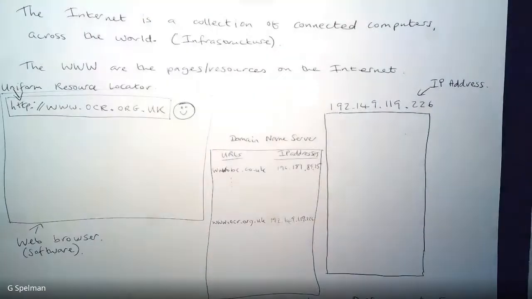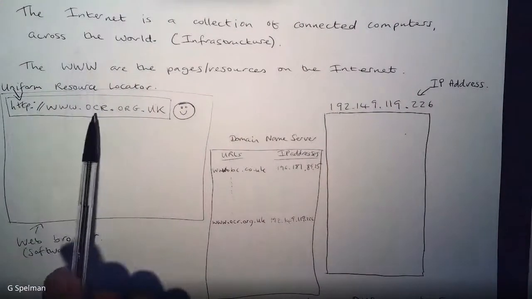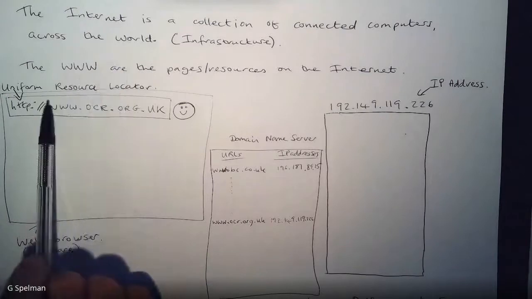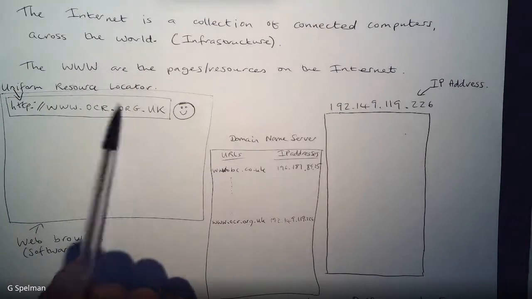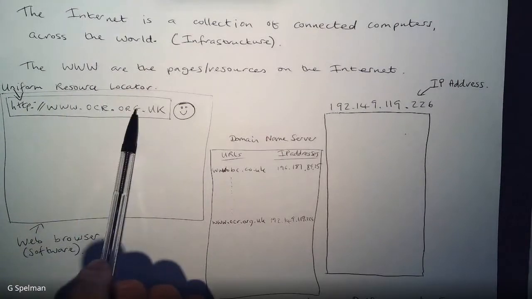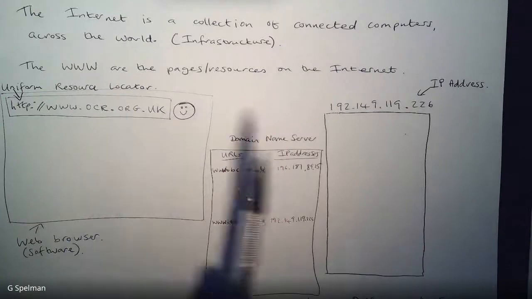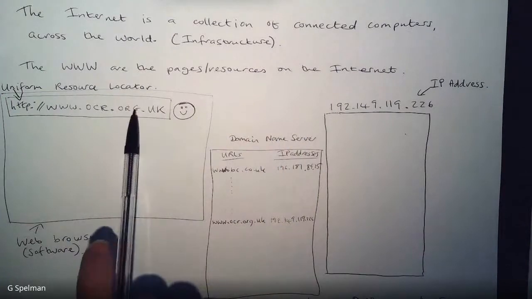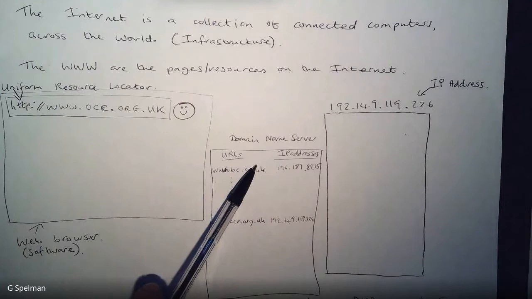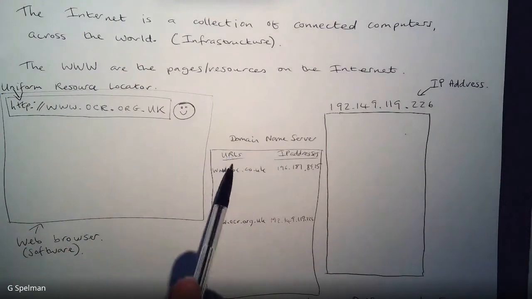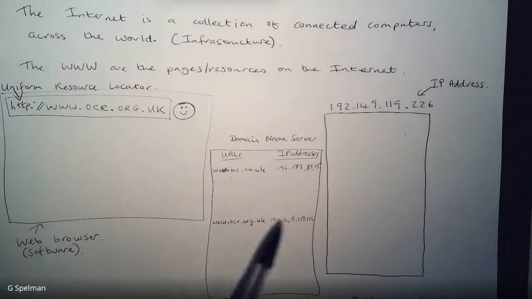Okay, so very quick summary, and I'll check that you can see what I'm pointing at. Yeah, the user puts in the URL here. The corresponding IP address will be retrieved from the domain name system, and that's done by, first of all, looking at domain name server, passing it the URL, and it looks up a table to find the corresponding IP address.